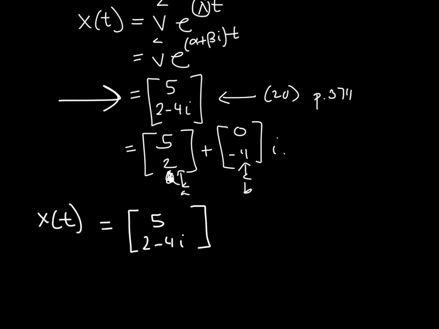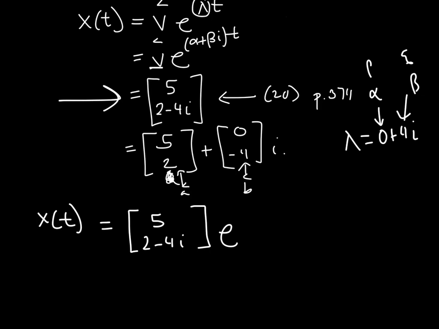There's my v. Then e to the alpha plus beta i. What's our alpha? Remember, lambda was 0 plus 4i. So there's your alpha and there's your beta, or if you want to call it p and q. So alpha is 0 and beta is 4.